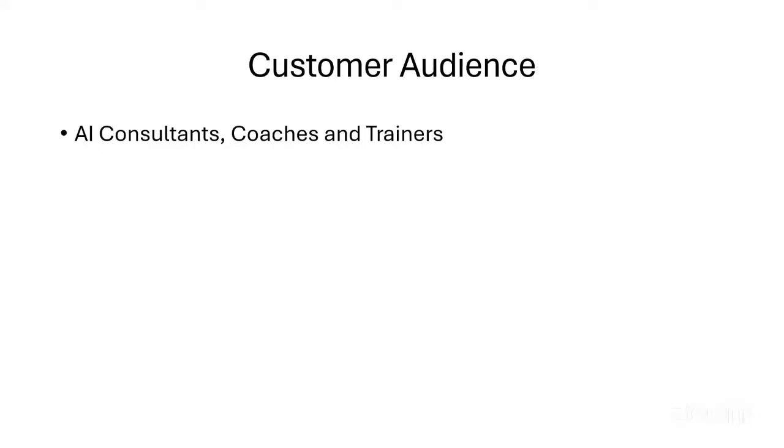So again, if you're an AI consultant, coach, or trainer, or you have these people in your audience, then teaching them how to use HeyGen is going to be helpful to you, and I think profitable to you also. If you have a membership site or a learning center, this is a must. I think it's a category of AI. In other words, this is the avatar or digital twin.